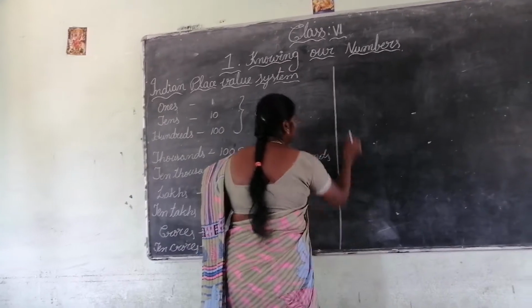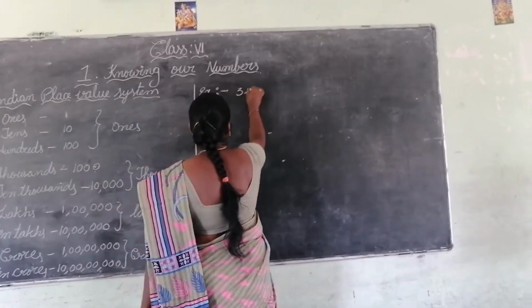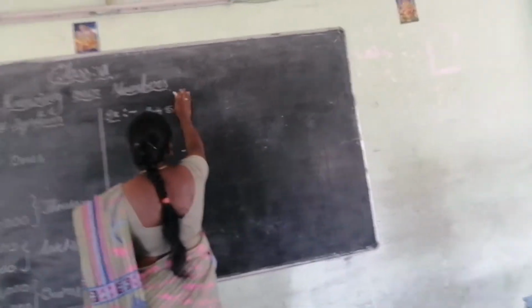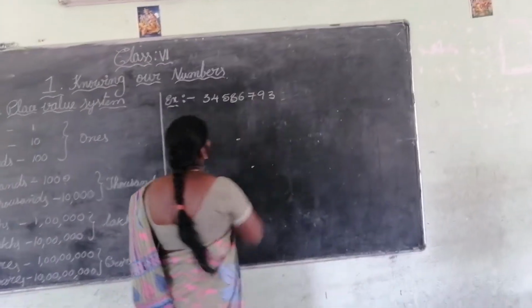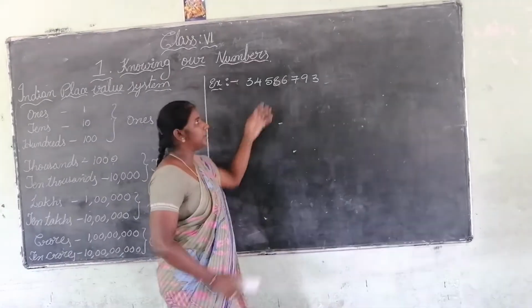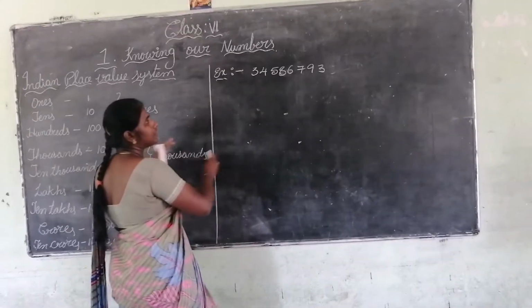For example, how do we write the given number in the Indian place value system? First, we have to divide according to their periods.